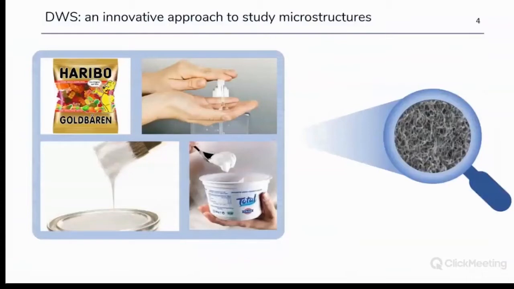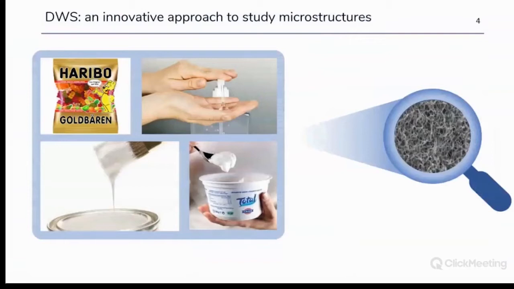So what is the DWS RheoLab instrument all about? It's about rheology. Rheology is the science that studies the flow and the deformation, upon external stimulation, of our sample. And why is this science very important?